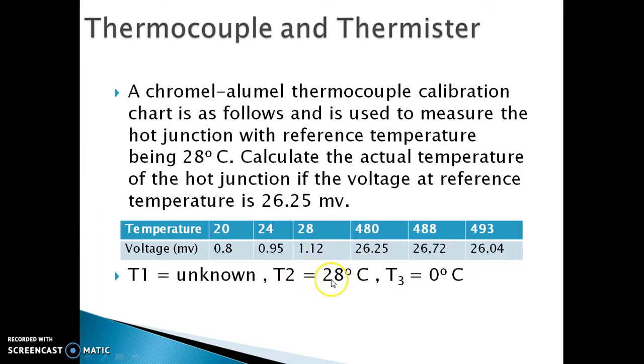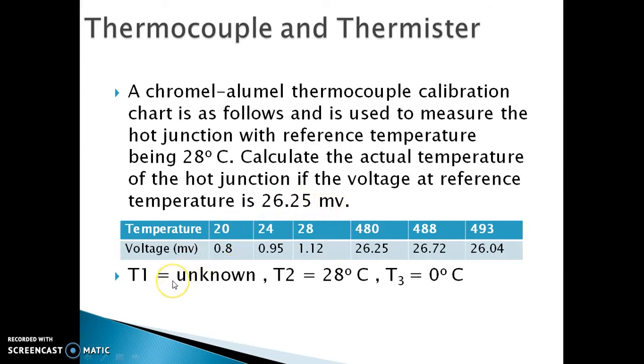If you see, for 28 degrees Celsius, we already have the value as 1.12, and it is given in the problem that at the reference temperature we have 26.25 millivolts.